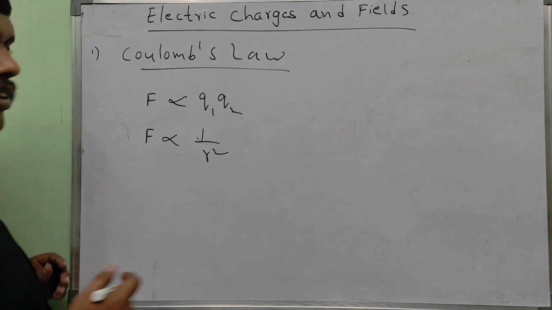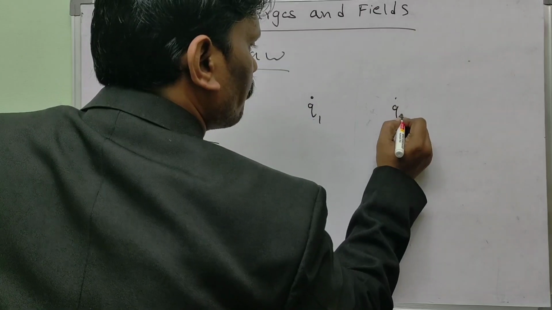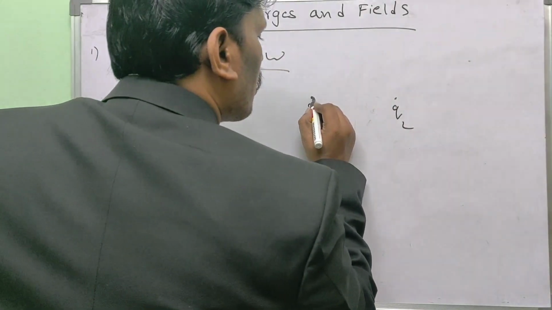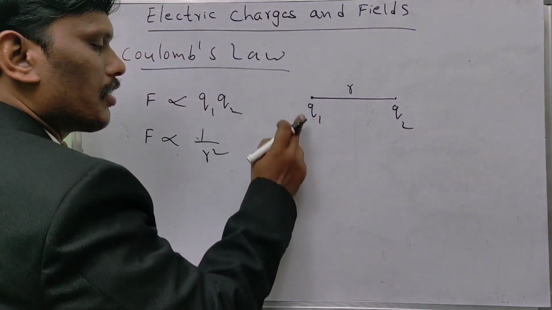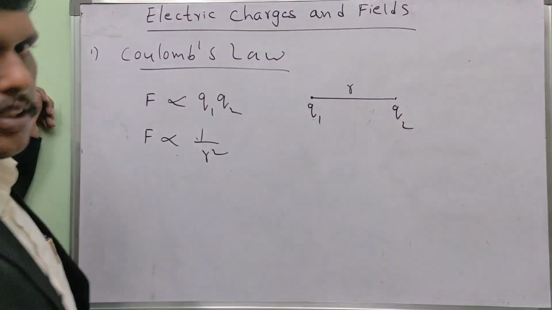What is the meaning of that? If I consider two charges q1 and q2, these two are point charges, meaning the separation between the two charges is very large when compared to the size of the charges. At that time, we call these charges point charges.